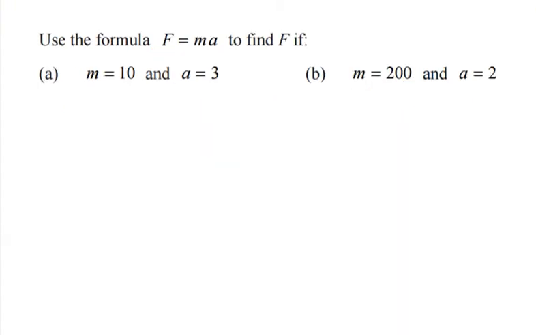All right, now this is a very popular formula when you start to take physics in high school, but this is force equals mass times acceleration. And again, you don't even have to know that because all you're doing is solving for F. All you're doing is plugging these numbers in. So let's go ahead and try that.